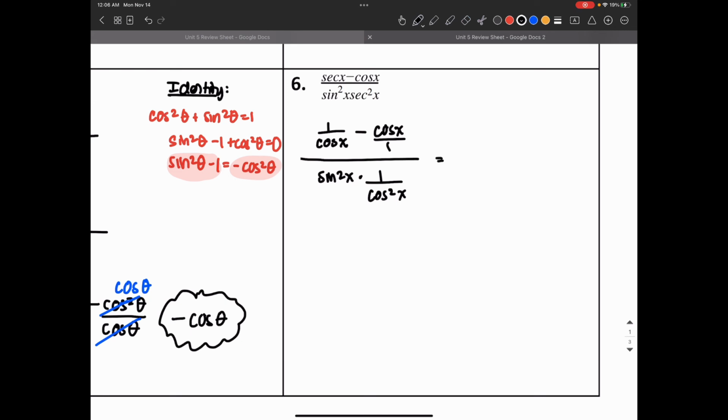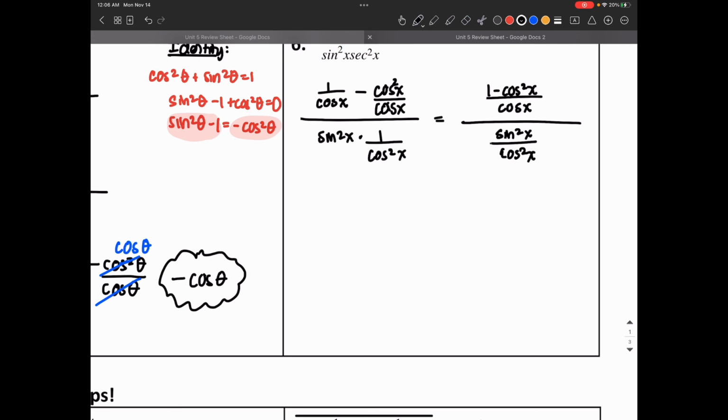And so if I wanted to combine my numerator, I would have cosine squared of x over cosine of x to have the same denominator, so then my numerator would become 1 minus cosine squared of x all over cosine of x. And then in the denominator, I would have sine squared of x all over cosine squared of x.